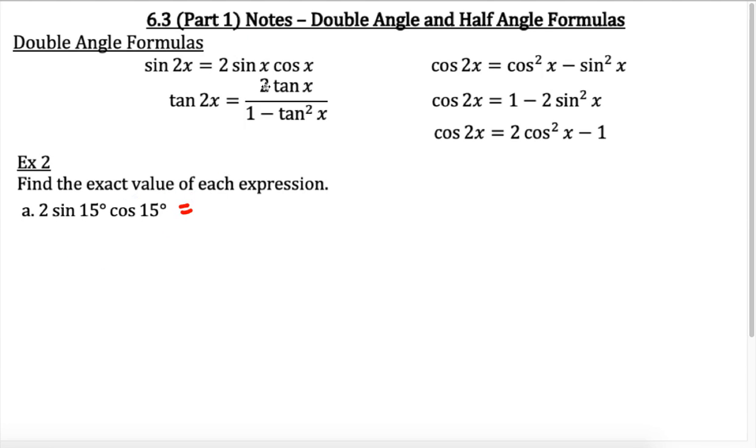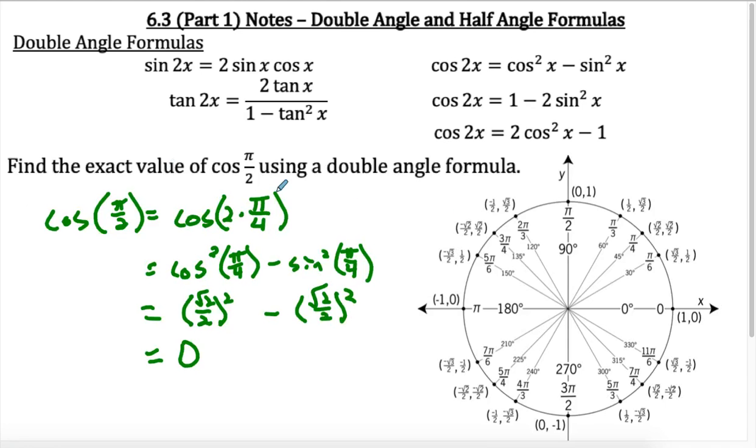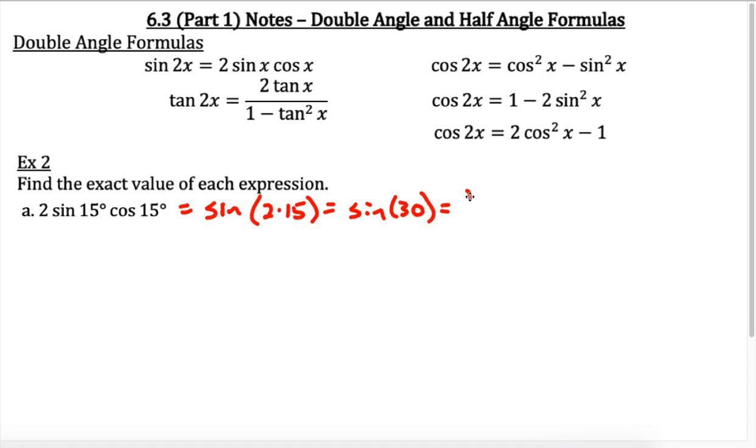So this is equal to sine of 2 times this angle, so 2 times 15 degrees, which would be the sine of 30. Looking at our unit circle, the sine of 30, the y value at 30 degrees, is 1/2. So this whole expression is just equal to 1/2.